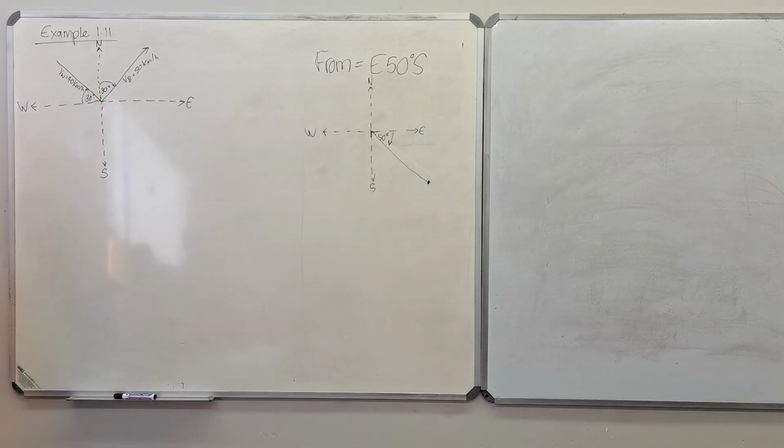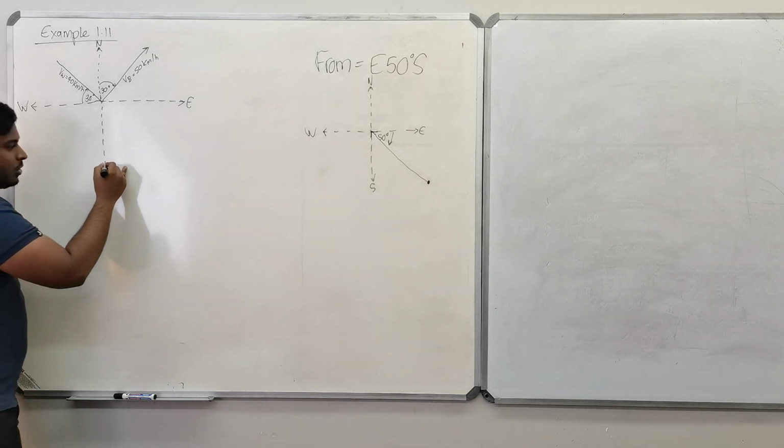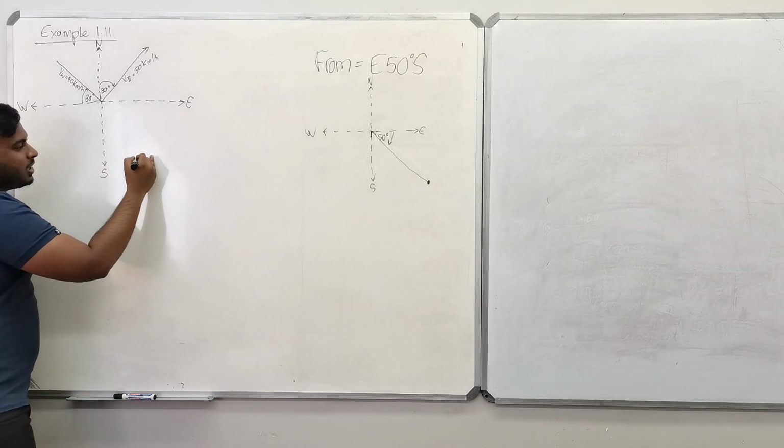Alright. And then they tell you a current of 10 kilometers per hour is flowing in a direction south 15 degrees east. What direction is it flowing? South. Draw your line. 15 degrees east.